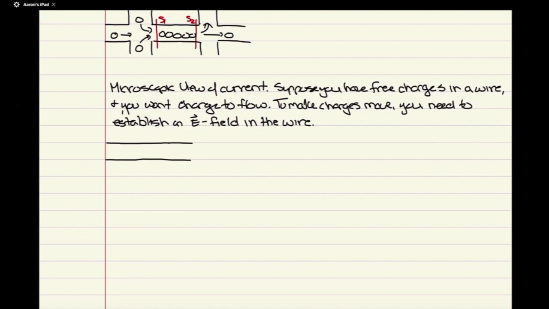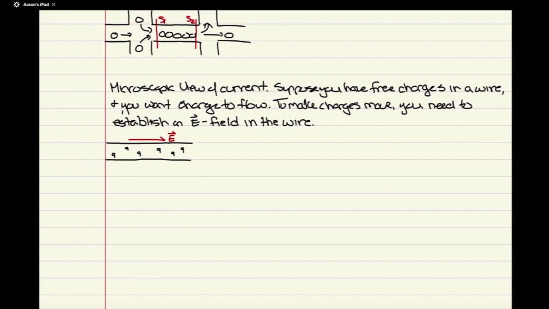Suppose again, here's my wire, and I'm going to set up some electric field within this conducting wire. And it itself is filled with various charge carriers Q, which again, I will assume right now is positive.